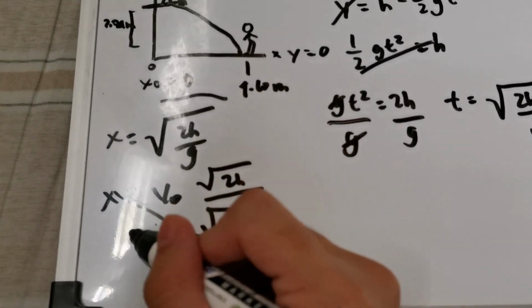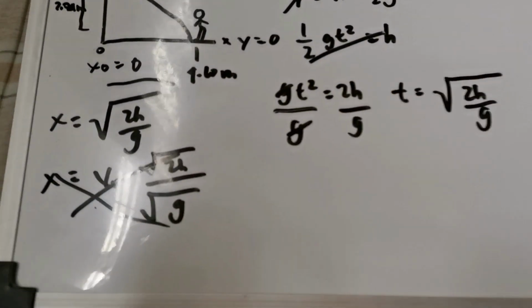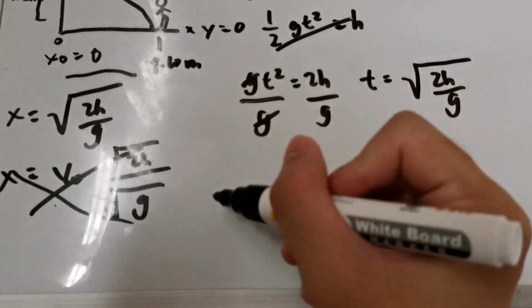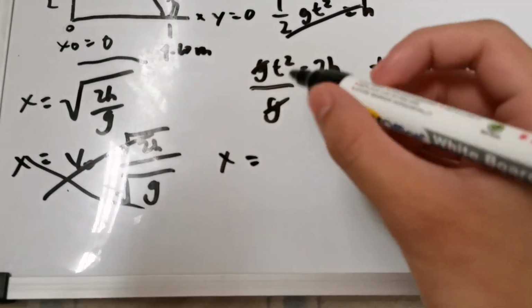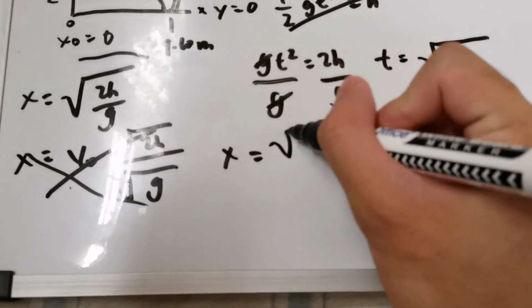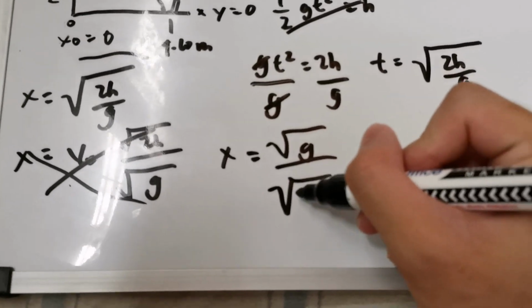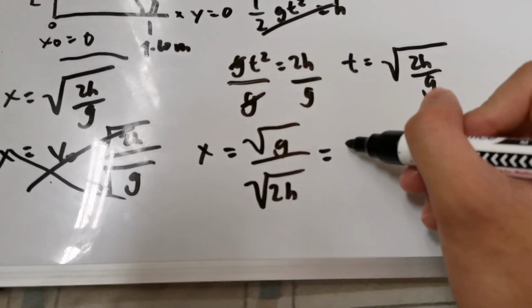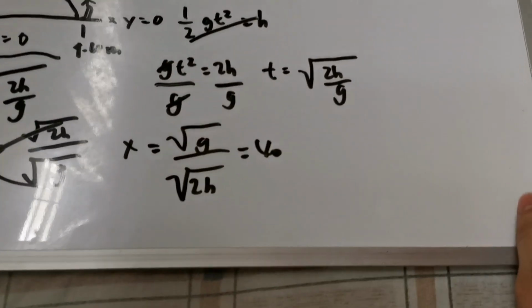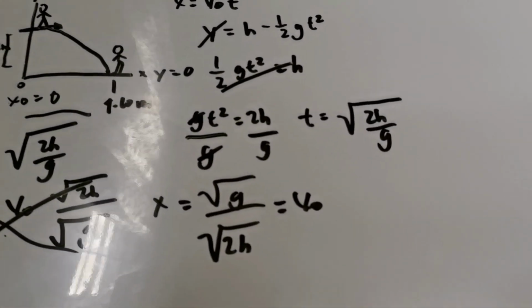Cross multiply. So, we will have x times the square root of g over the square root of 2h equals v sub o. So, yan na nga yun.